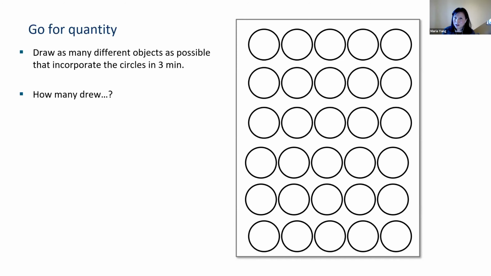How about, did anyone draw a sun? Yes. Okay, sun. Great. Anybody draw a coin, some sort of coin, like a quarter? Okay, a couple maybe. And how about a soccer ball or basketball or any kind of sports ball? Anybody draw? Okay, a couple of balls. Great.